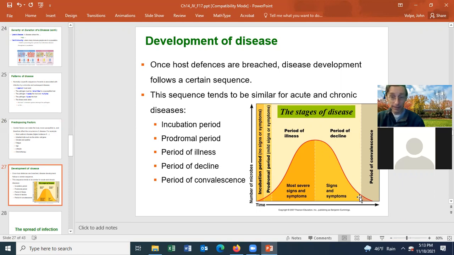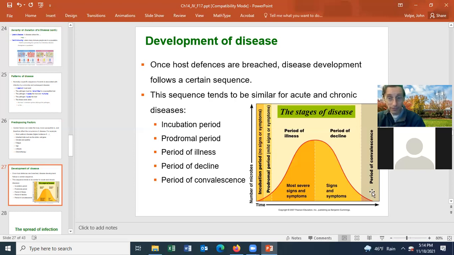The period of convalescence is when you still have the disease-causing organisms, but their numbers have fallen below a threshold number, and you no longer have signs or symptoms of disease. So you still have the disease-causing organisms, they're just at a low number below the threshold, so they're no longer giving you signs or symptoms.